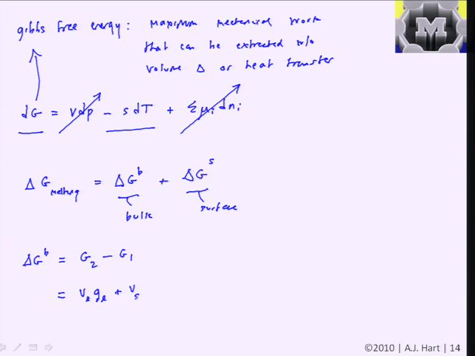And we have some volume of solid, V sub S, times G sub S. And then we subtract the first case, where everything is solid, and our V is V sub T, which is just the total volume of the sphere.